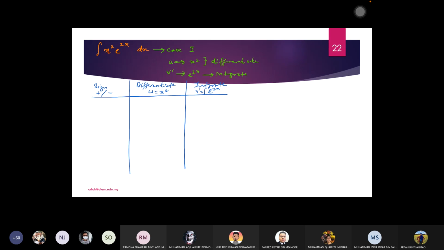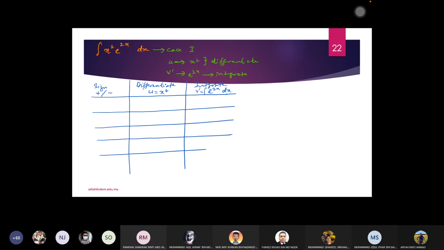V prime sama dengan integration of exponential 2x. So buat sampai dapat u tu sama dengan kosong. So you have plus minus sign. X kuasa 2. Bezakan x kuasa 2 dapat 2x, dapat 2, dapat kosong. Okay. So integrate exponential 2x.